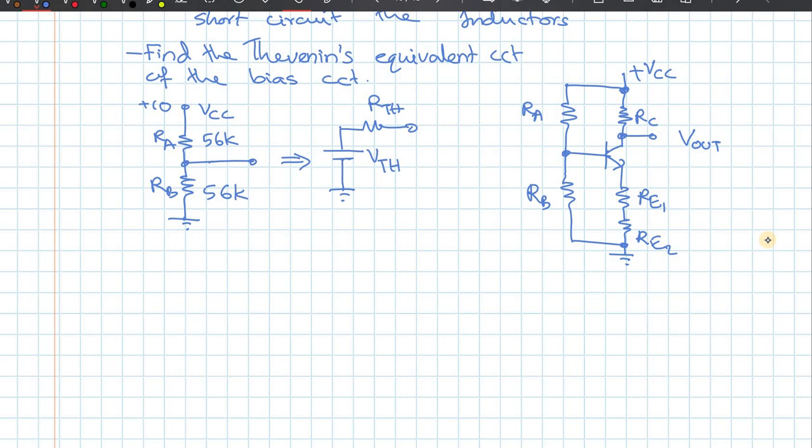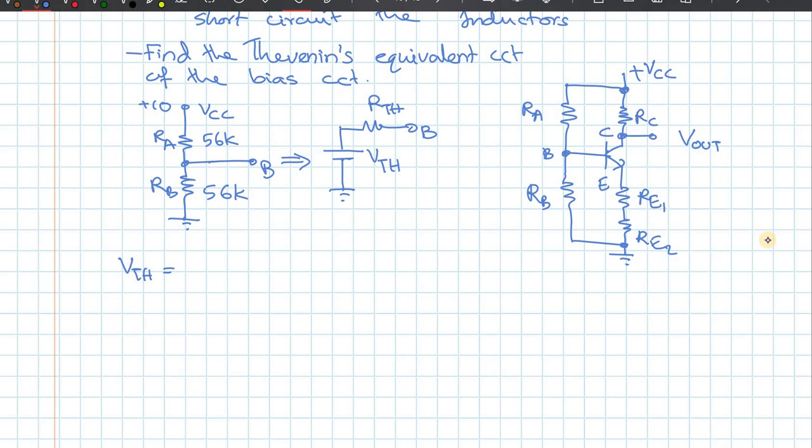So VTH is easy. VTH is the open circuit voltage at base. So this is B, this is collector and this is emitter. It's very simple to find VTH. It's the potential divider. The RA and RB act like a potential divider.